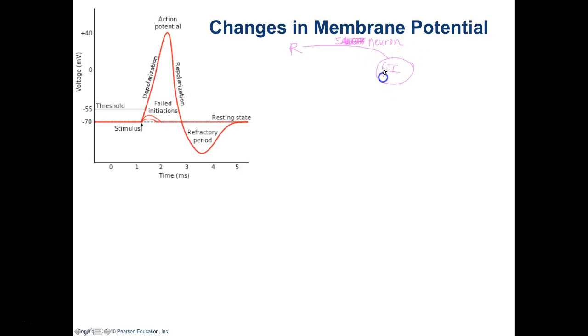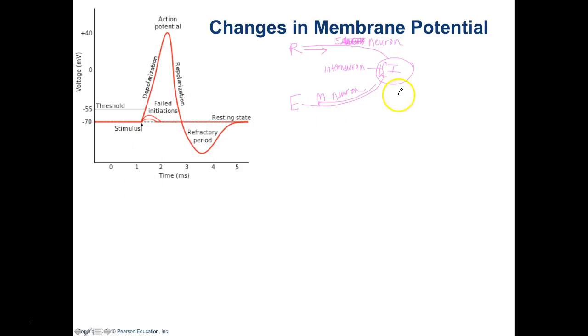Within this area, we would have another nerve cell, an interneuron. From there, we transmit this information out through a motor neuron, or efferent neuron, to the effector organ. So the stimulus information is picked up by the receptor, and the impulse is sent through the sensory neuron, the interneuron, and then the motor neuron.